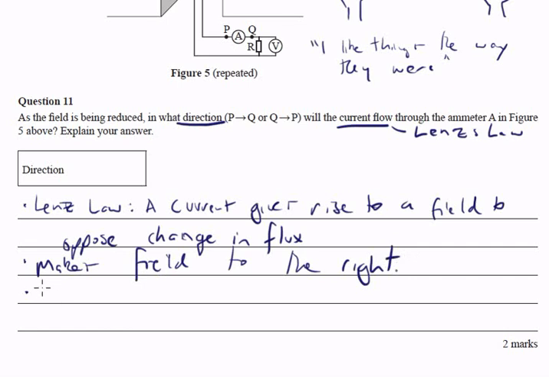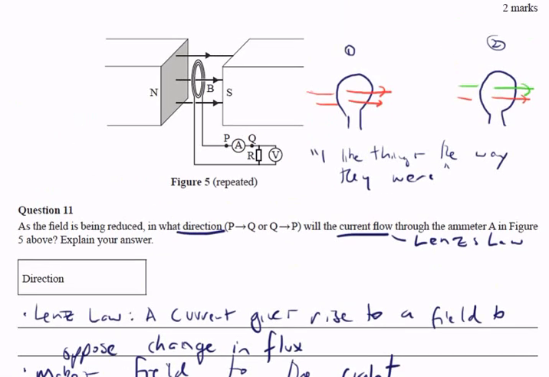And what's the current that made that field? We're going to use our right hand solenoid rule.